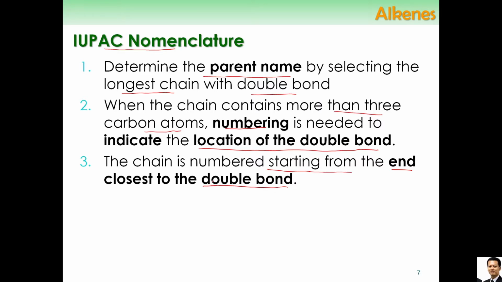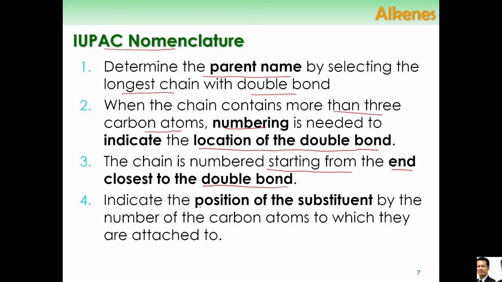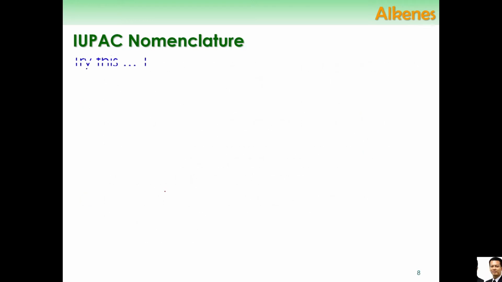If the double bond is closer on the right, you should start numbering from the right. If it is closer to the left, you should start numbering from the left. After that, you indicate the position of the substituents by following the numbering that you have stated earlier in step 3. Okay, so let's see.